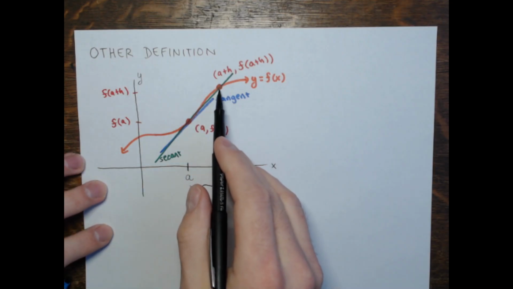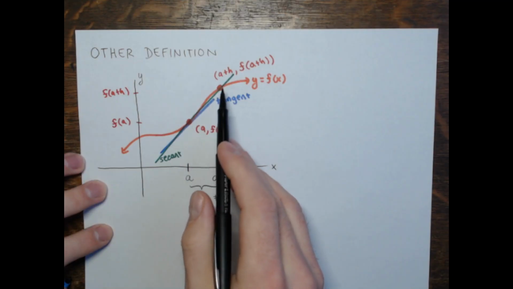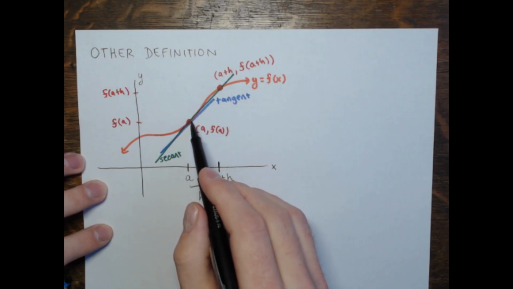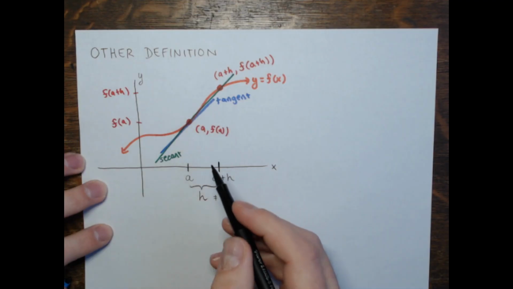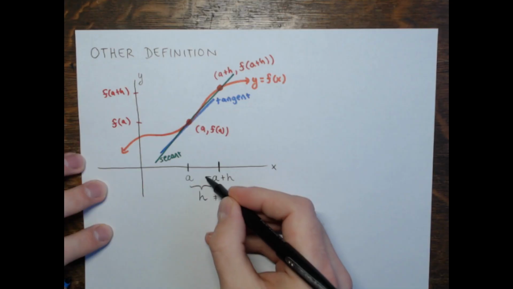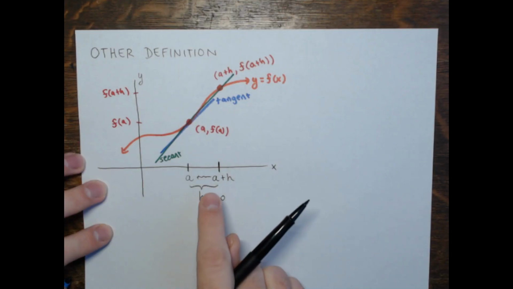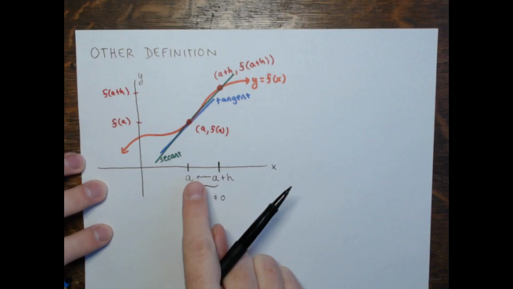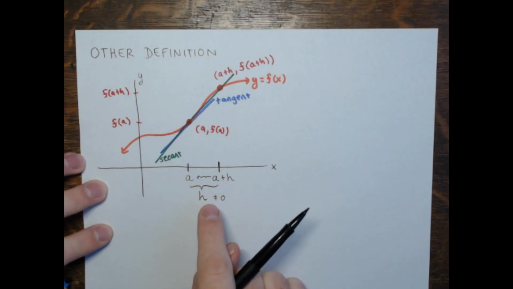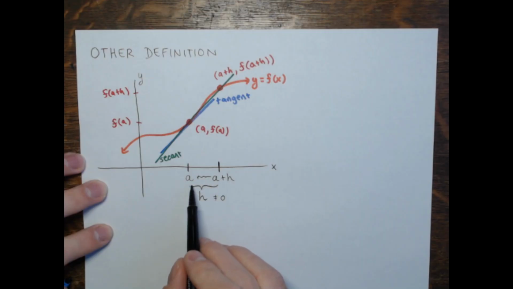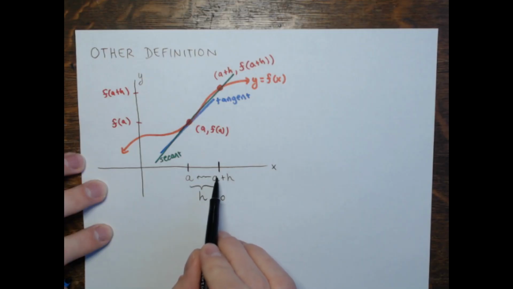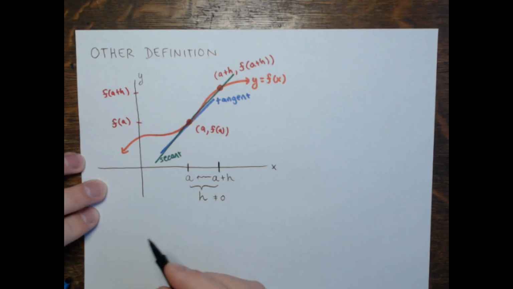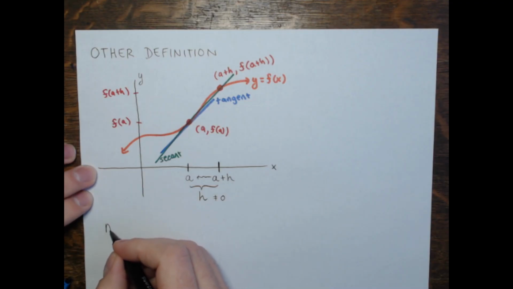So once again, if I want this secant line to be better and better approximating the tangent line, I need to move this other point that was off of A toward A. Well, to do that, to have this value get close to A, I need H to get closer and closer to 0, right? The smaller this H is, the closer A plus H will be to A. So again, here's the other definition, the second definition they're talking about.